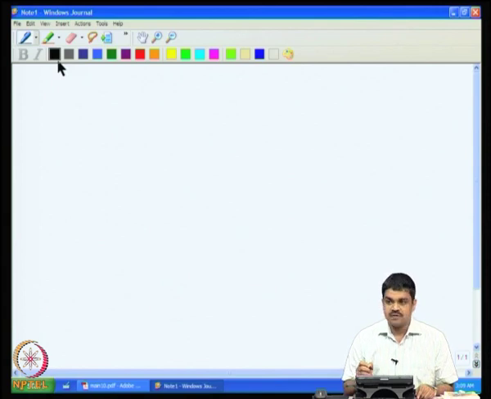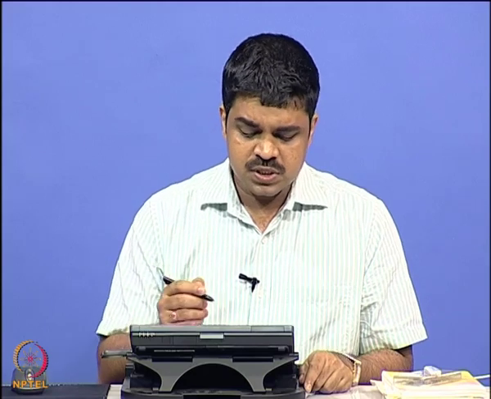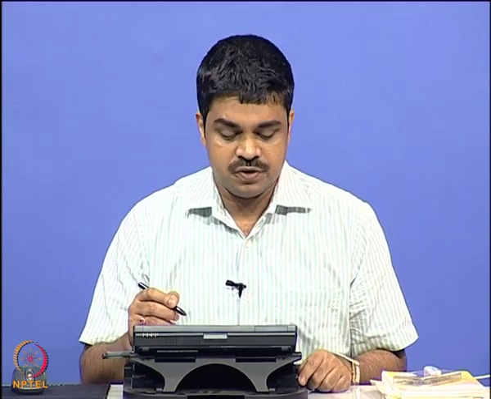That means we have a 3 connected graph with more than 4 vertices, but every edge is such that if you contract it, you end up getting a graph whose connectivity is less than 3. That means it has a vertex separator of cardinality 2. Suppose such a graph exists, so we will show a contradiction. We say that it's not possible, because then it will give rise to a contradiction.